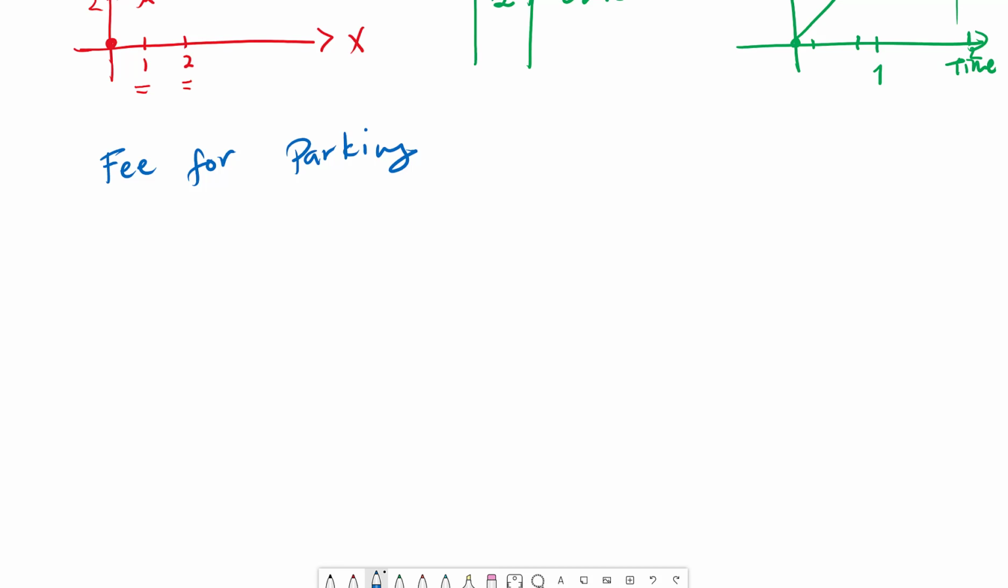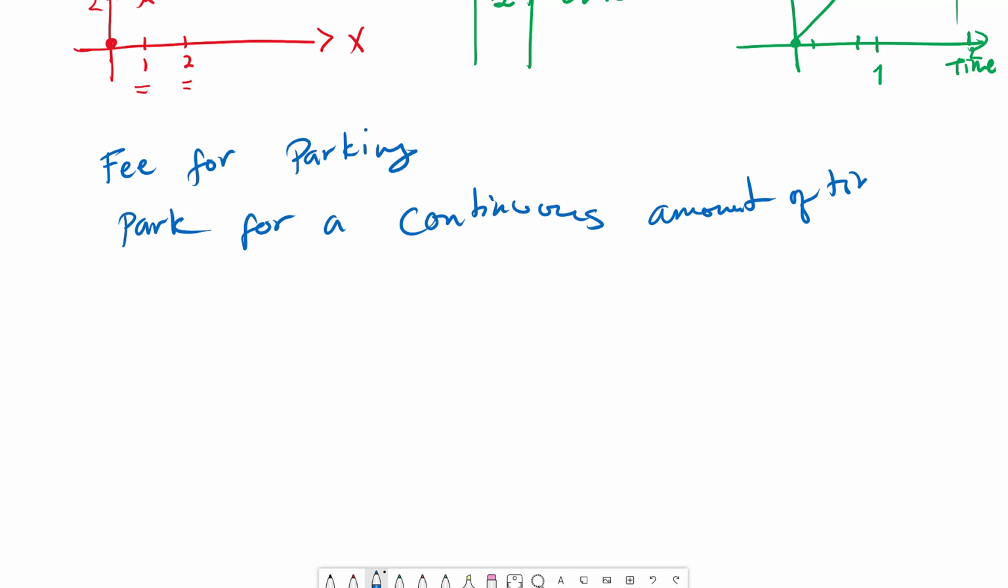We said that we can park for a continuous amount of time. So our domain is continuous. However, our range, the fee or the payment, went in jumps of $1.